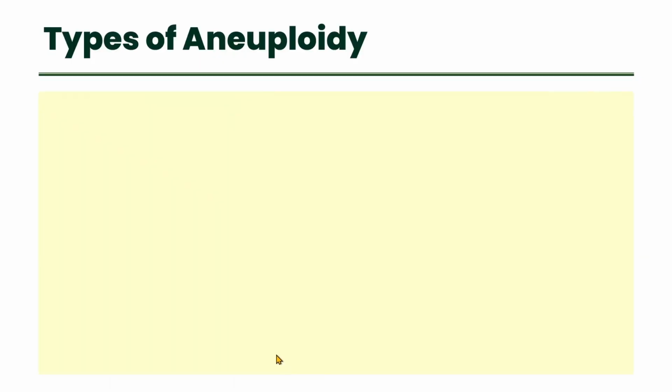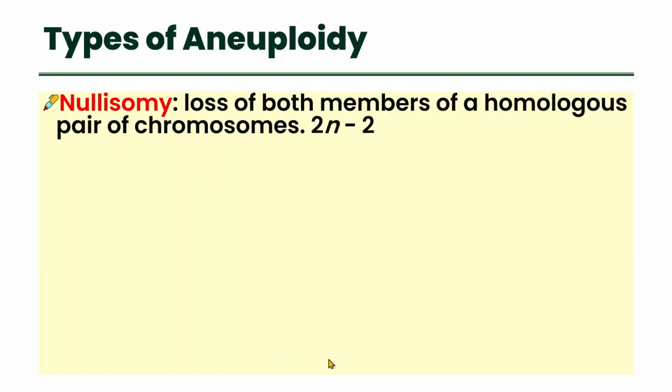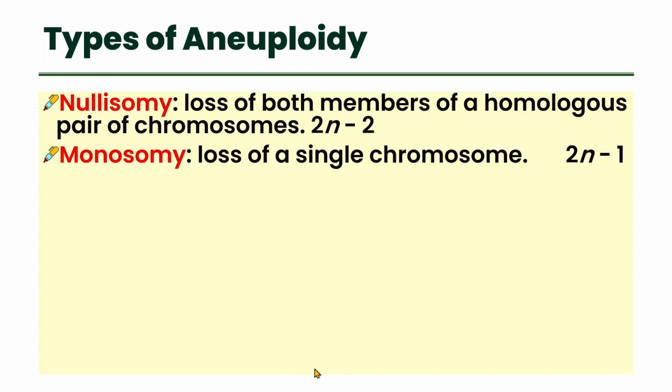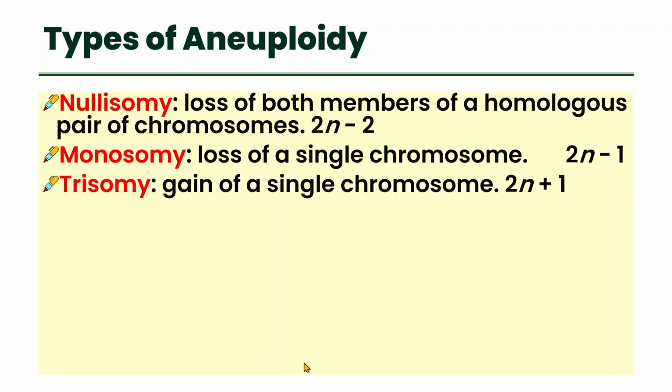There are many types of aneuploidy. One is nullisomy, when there is a loss of both members of a homologous pair of chromosomes. So that would mean a diploid number minus 2 chromosomes. Monosomy involves loss of a single chromosome. So that would mean diploid number minus 1. Trisomy is a gain of a single chromosome.